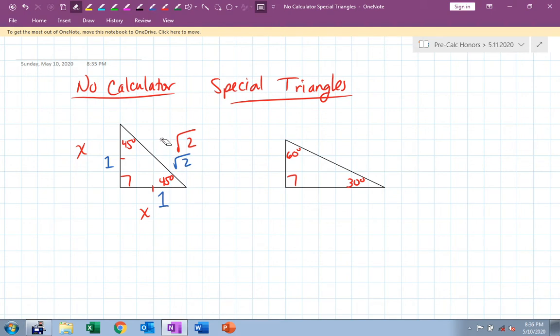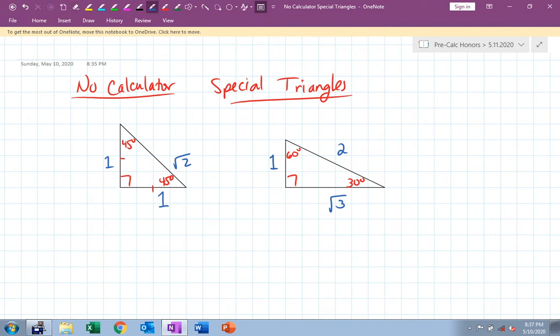All right, so we really don't need those x's. Let's just go with 1, 1, root 2. This other one, again, MCAS probably had it with x, x root 3, and 2x. But wherever there's an x, we're going to replace it with a 1, just like we did on the other triangle. So we really are going to have 1, root 3, and 2.